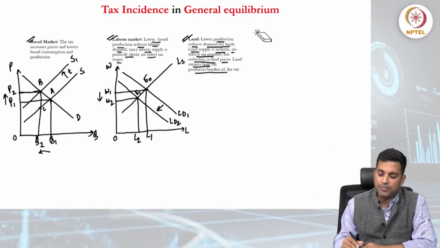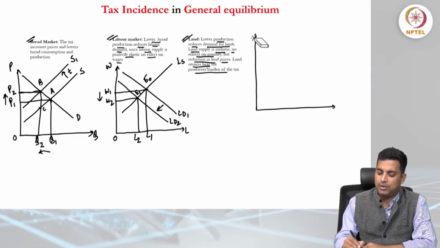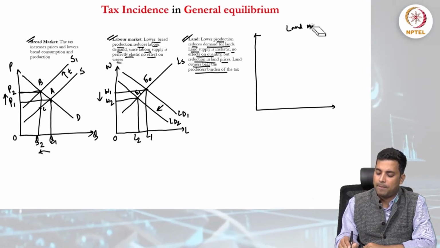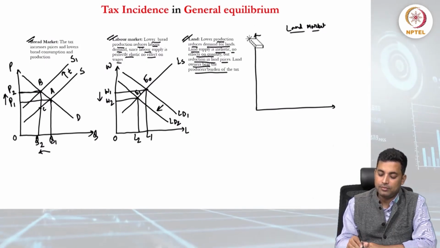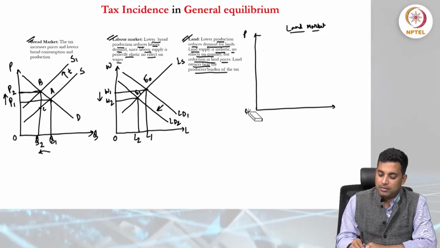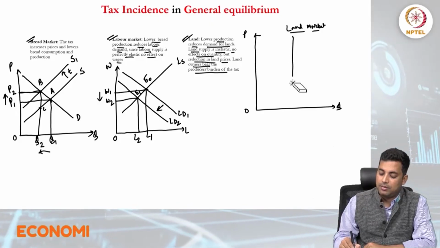So let us show how it goes here. Here we are talking about the land market. Here is price, and here is quantity of land.